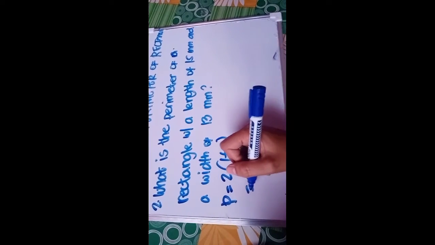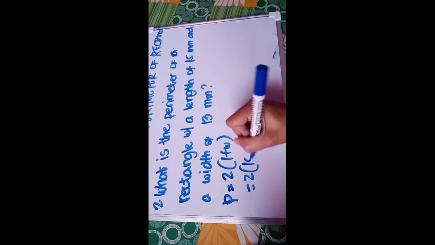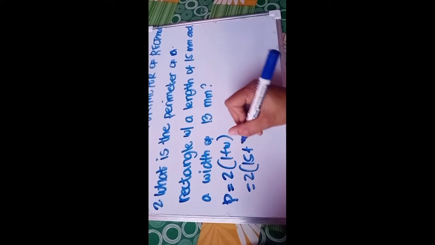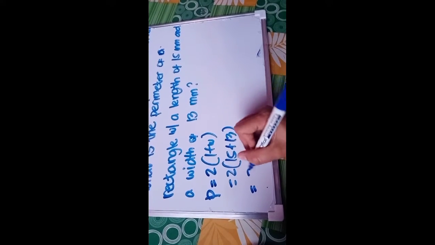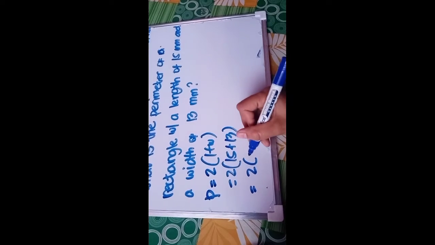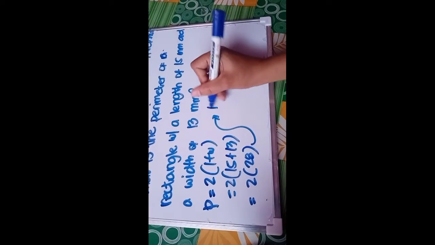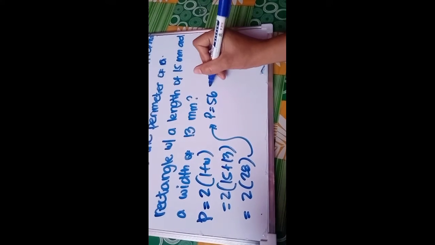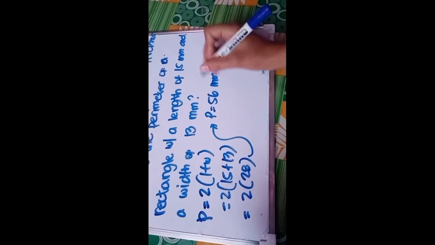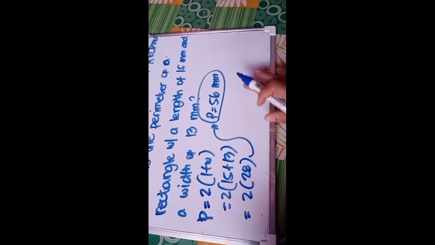So equals 2 times our length, 15 millimeters, plus our width, 13, so equals 2 times 28, and so our perimeter of the rectangle is 56 millimeters.